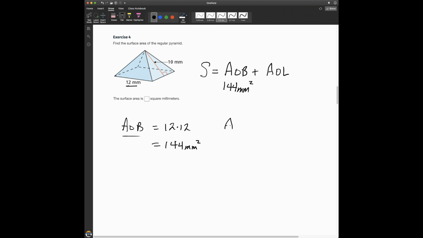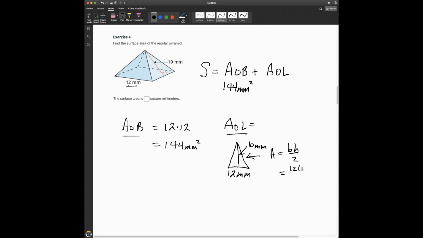And now for the area of the lateral faces, well, these are triangles. There are 4 of them. They are all the same. So if I just find the area of one of the triangles and multiply that by 4, that would give me the value for the area of the lateral faces. So the area of this triangle is base times height divided by 2. And again, I will multiply this answer by 4.